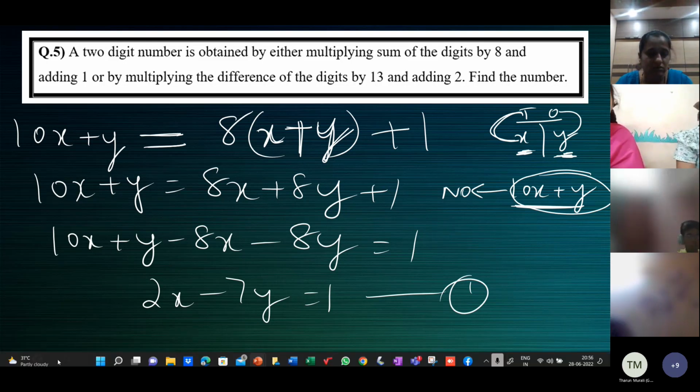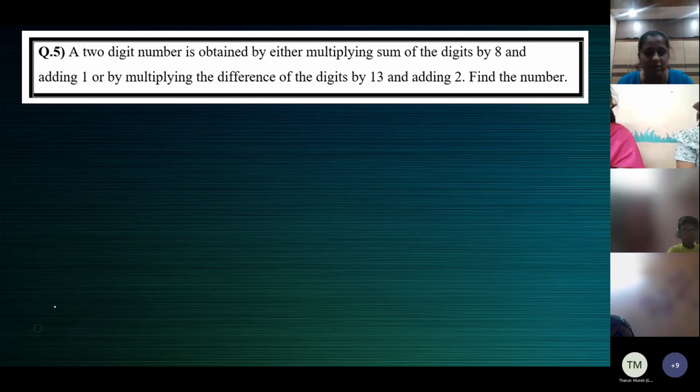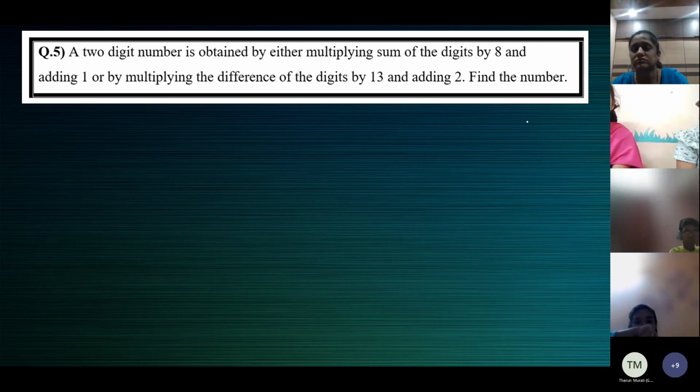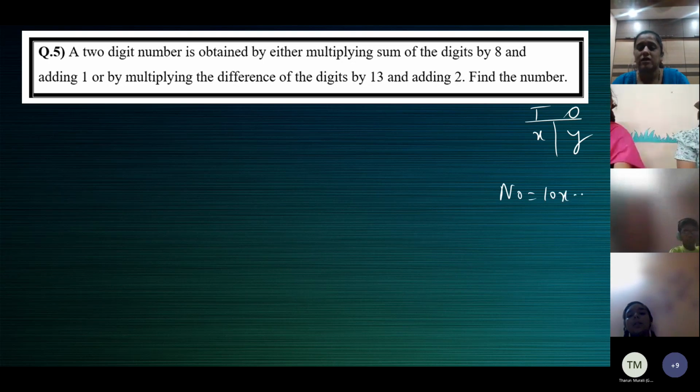Or you can get the same two-digit number in a different way.